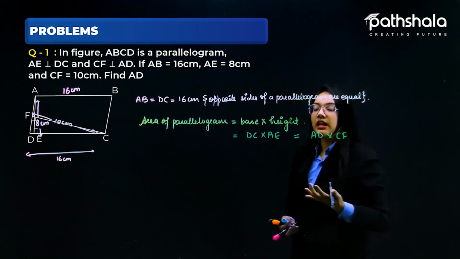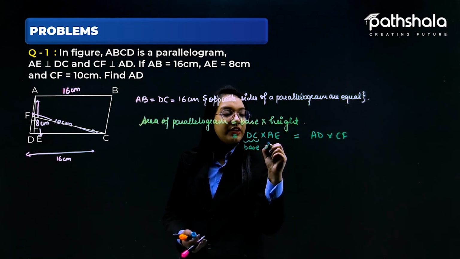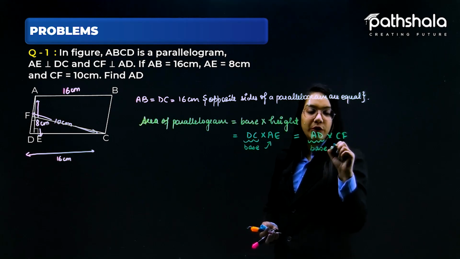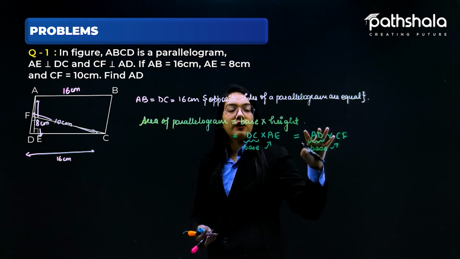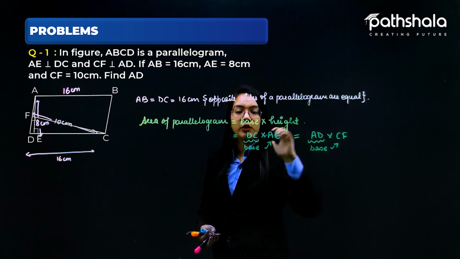So if I take the base as DC, the corresponding height is AE. If I take the base as AD, the corresponding height is CF. Using this concept, we can find out AD, because we have all the values related to this relationship.